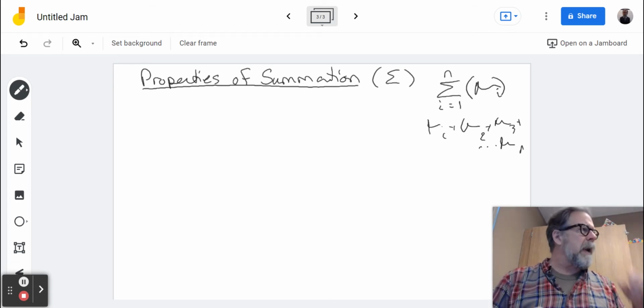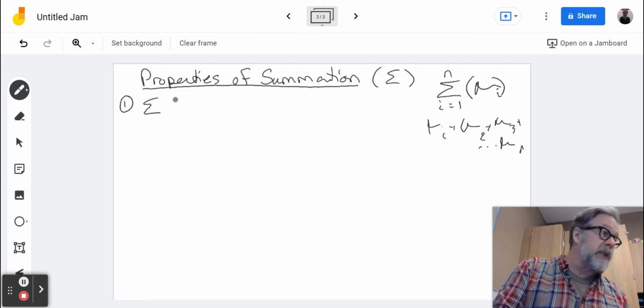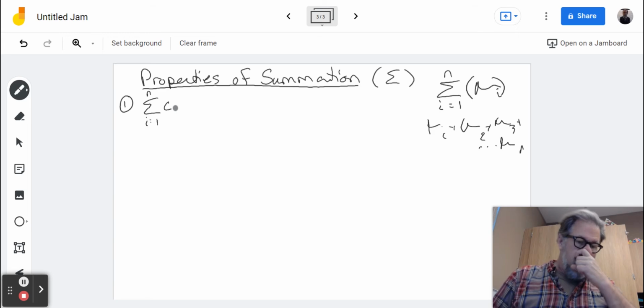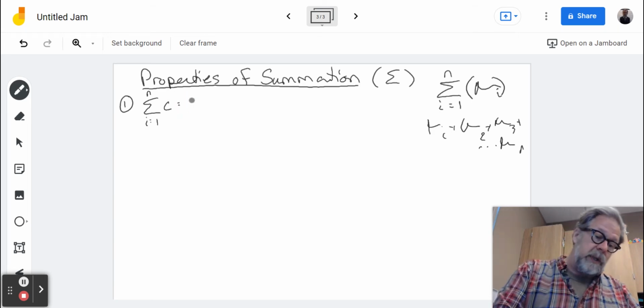So I want to talk about a few properties of various summations. The first one is, what if I take the sum from I equals 1 to n of some constant value? Well, for I equals 1, this is the constant value, plus for I equals 2, this is the constant value, plus for I equals 3, this is the constant value.